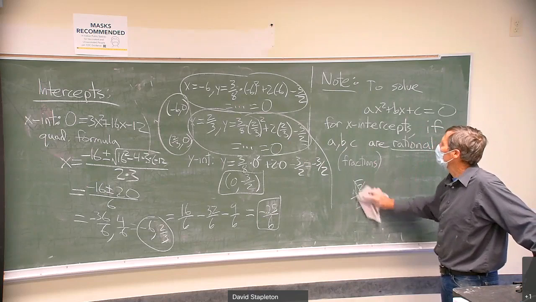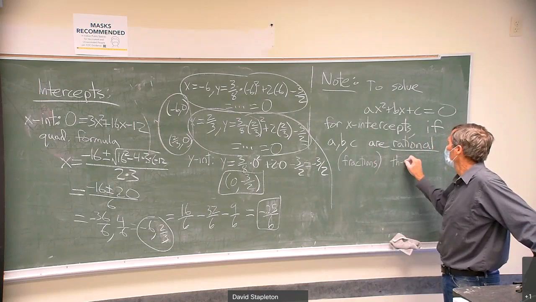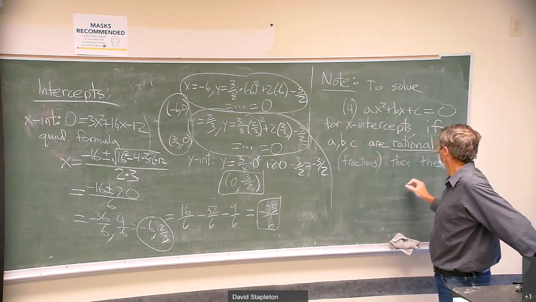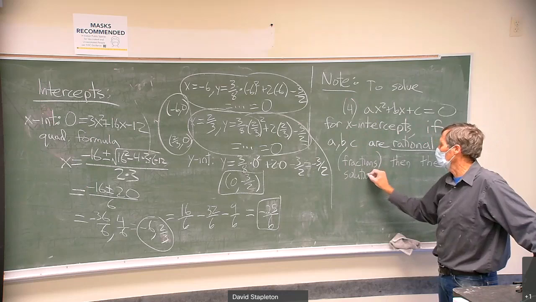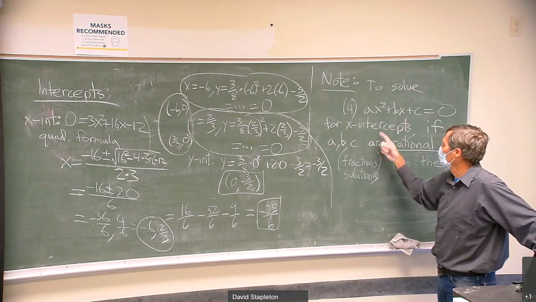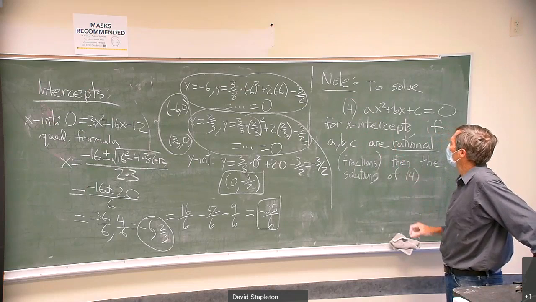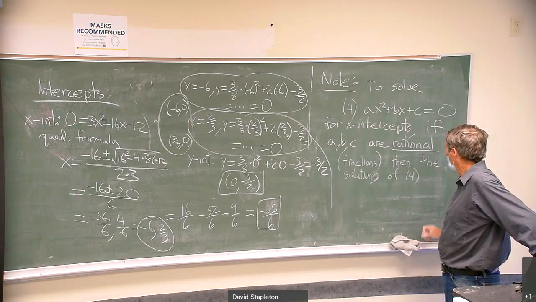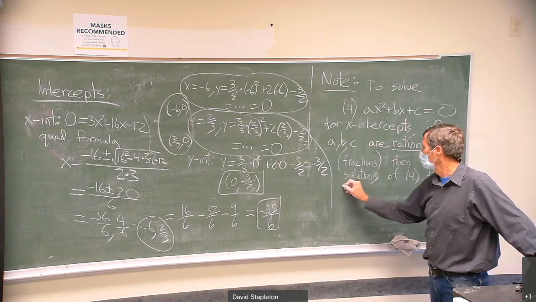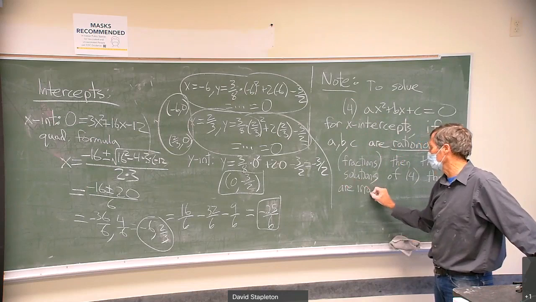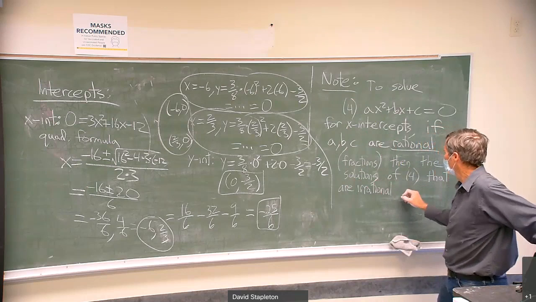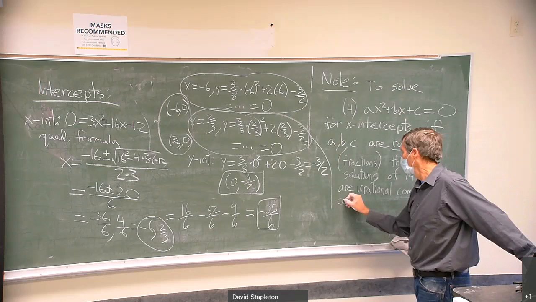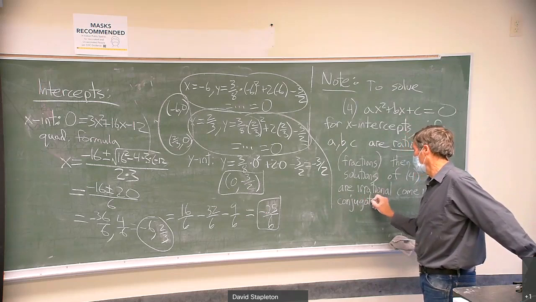If a, b, and c are rational, then the solutions of the quadratic equation, and consequently the x-intercepts, that are not rational numbers, call them irrational, not expressible as fractions, come in conjugate pairs. What are those?